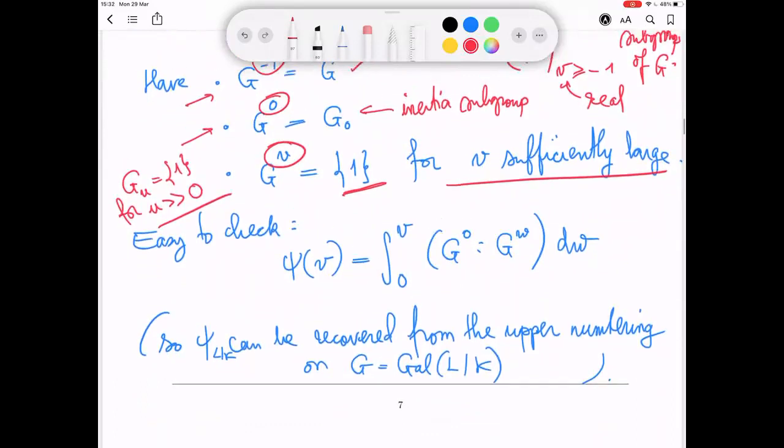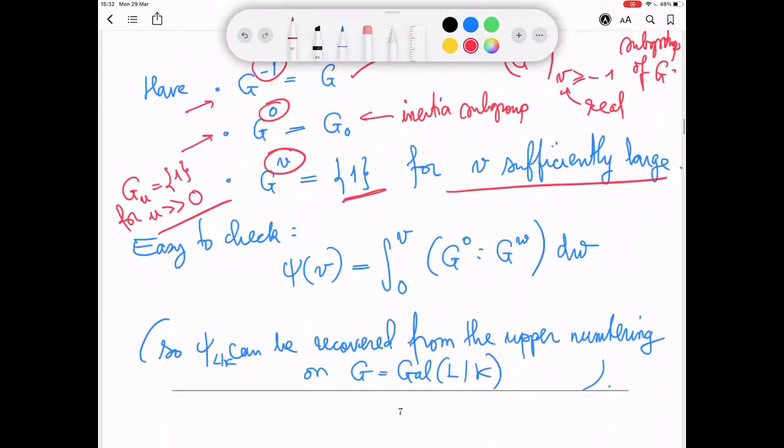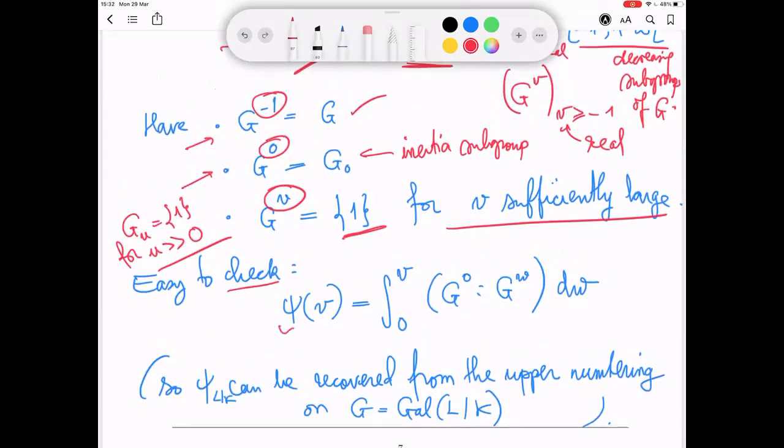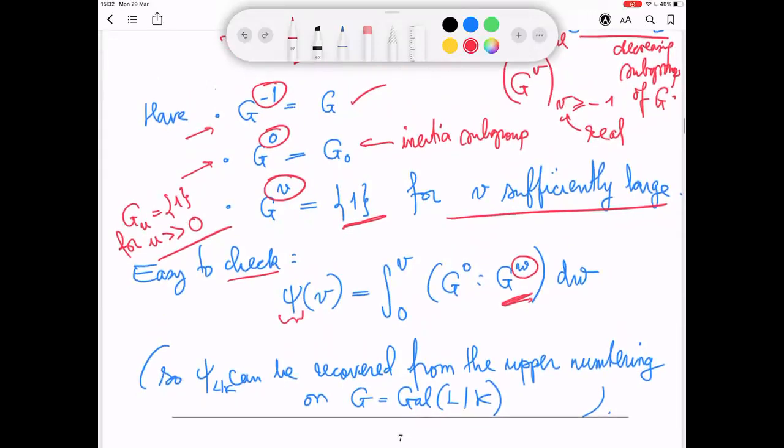Now, another thing which is not very difficult to check is that you can recover the function psi from the knowledge of the upper numbering. In what sense?